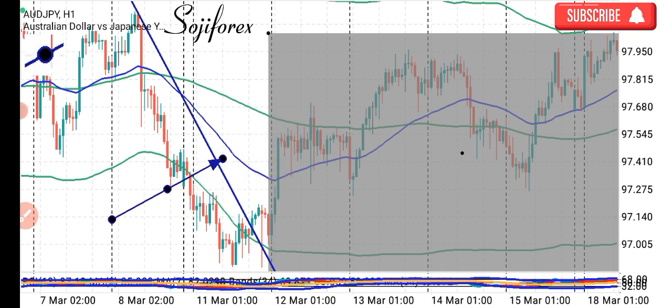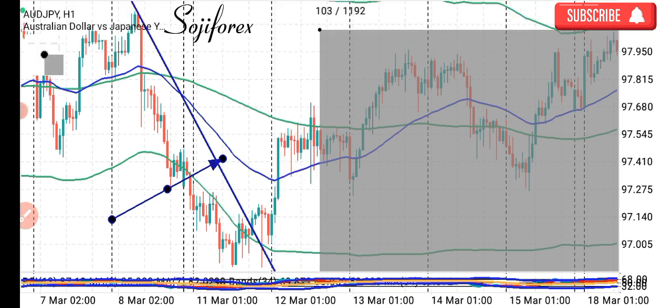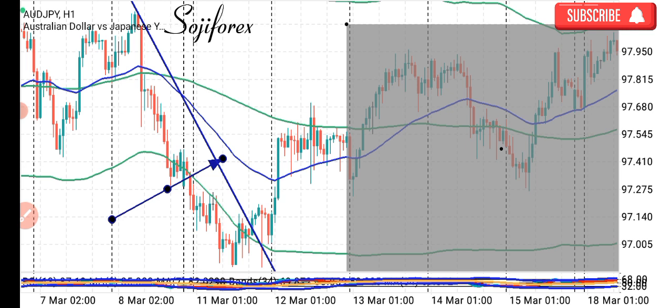So now price is pulling back. Let's begin to open our chart. Good. Now price has pulled back to our moving average.